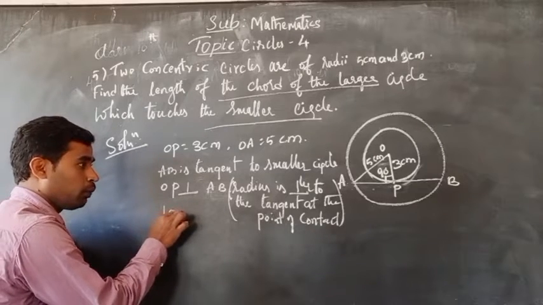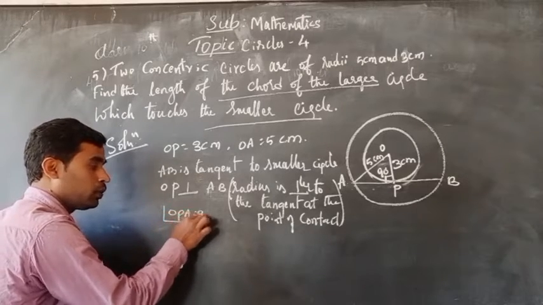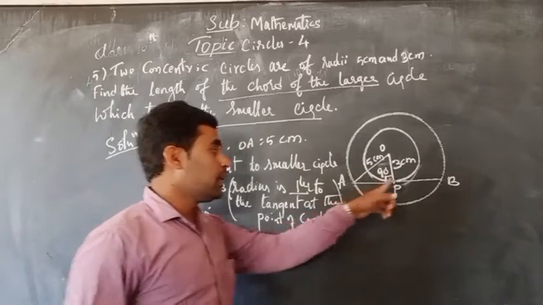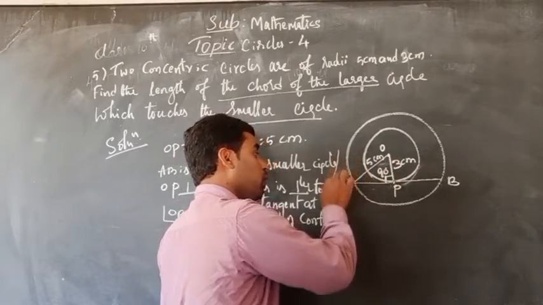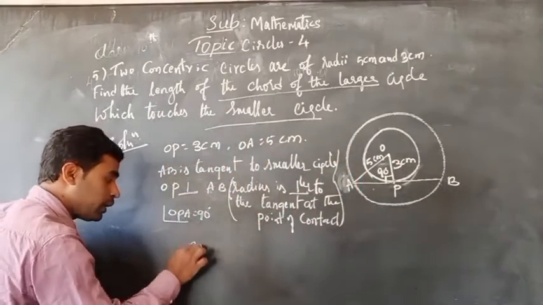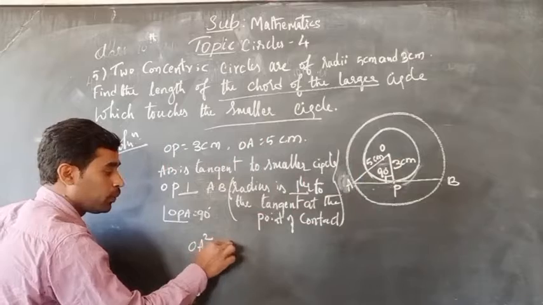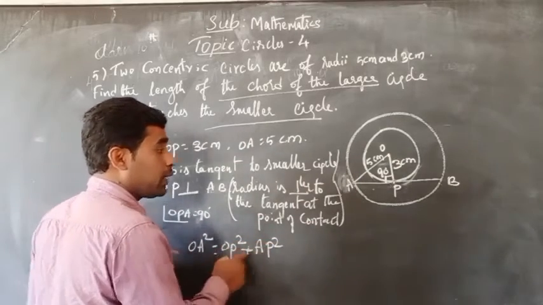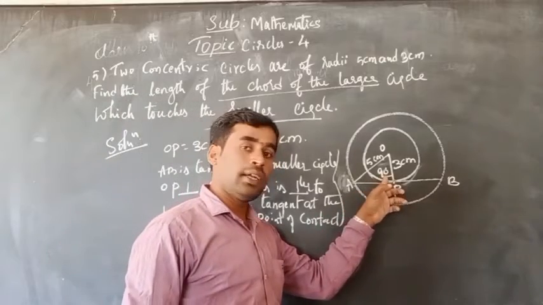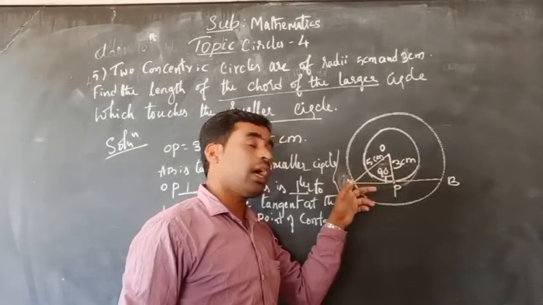Therefore, angle OPA is equal to 90 degrees. The side opposite this 90 degrees is what? OA. OA is what we call the radius. OA square is equal to OP square plus AP square by using the Pythagoras theorem. See, here the angle measures 90 degrees. The side opposite the 90 degrees is the hypotenuse.